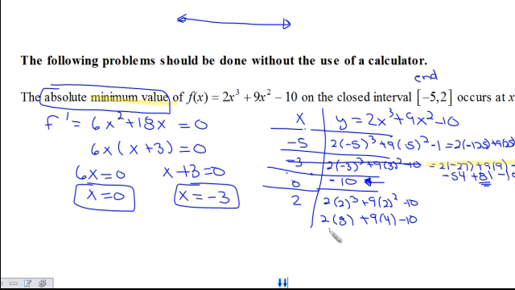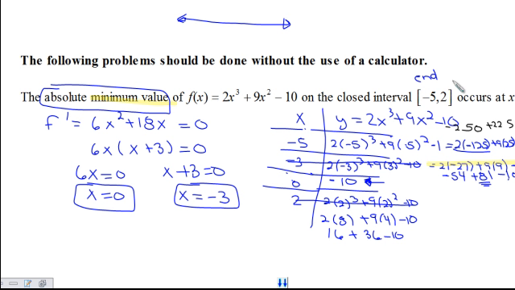Here I have 16 plus 36 minus 10, which is still a positive number, so I know it can't be 2. So notice how I'm eliminating. I'm eliminating because I don't have a graphing calculator to just put this in and figure out what the values are. So I just have to look at -5. So 2 times -125 is going to be -250 plus 9 times 25 minus 10.